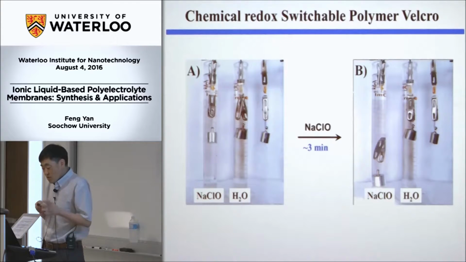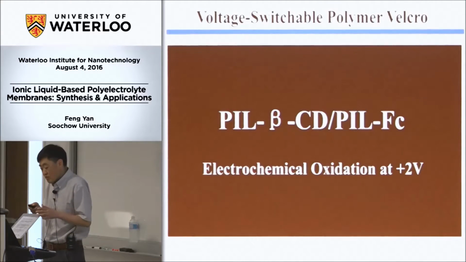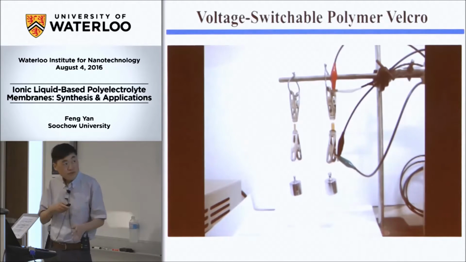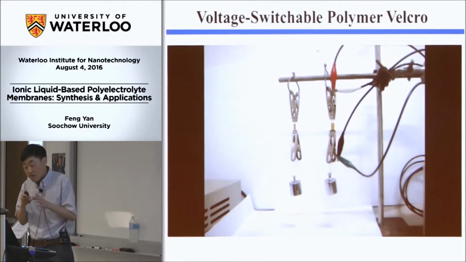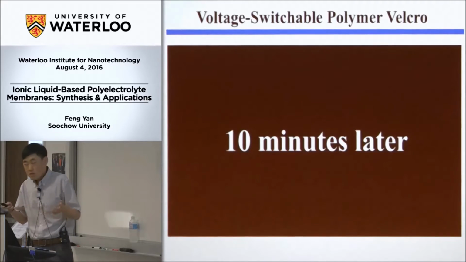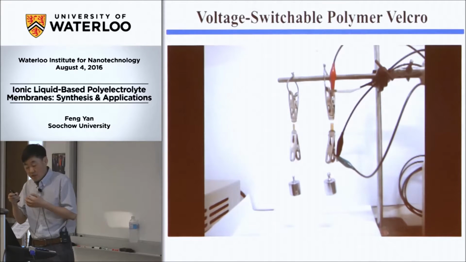So is it possible to use electrochemistry? Because both membranes are conductive. And from this video, you can see if you apply 2 volts for roughly 10 minutes, they will be separated because the ferrocene was electrically oxidized.